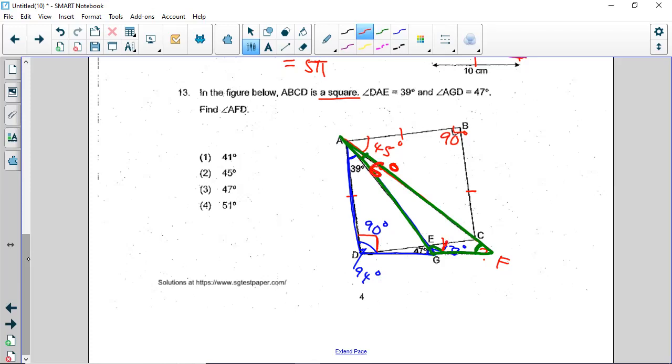And just now the angle we found is 133. So what is the green color question mark? You take 180 minus 6 and minus 133, and you get 41 degrees. So the angle AFD is how many degrees? It is 41 degrees. Answer number 1.